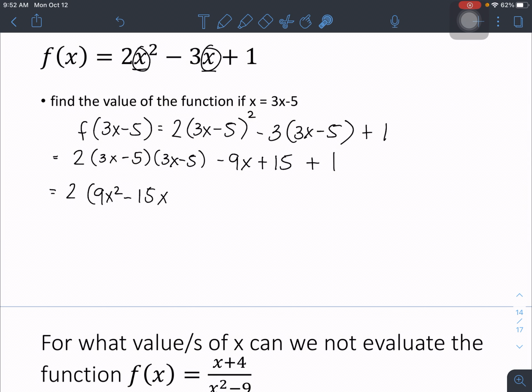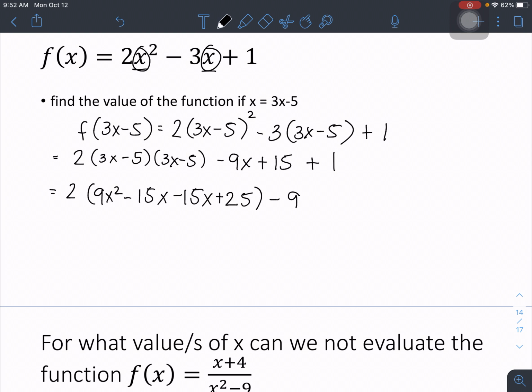Inner, negative 5 times 3x will be negative 15x. Also, next one, negative 5 times negative 5 will be negative 20. I'm sorry, that will be positive 25. Both are negative, negative 5 times negative 5.